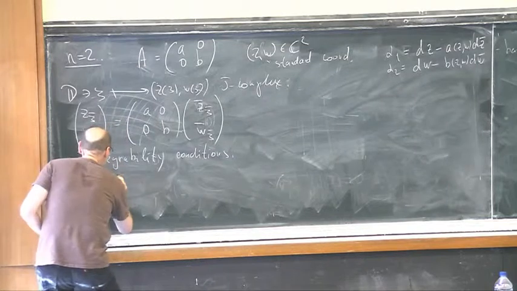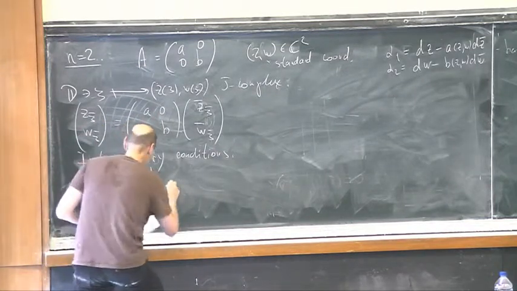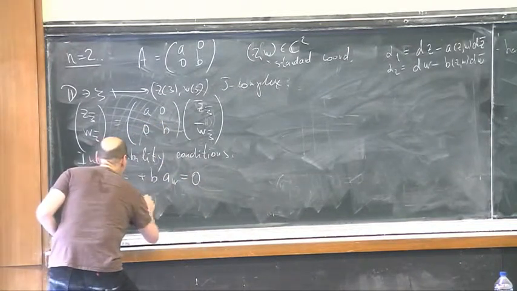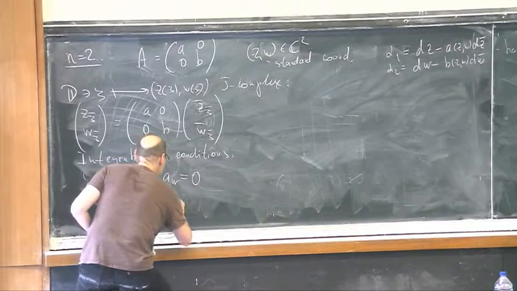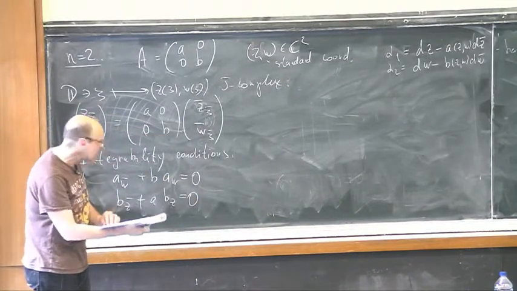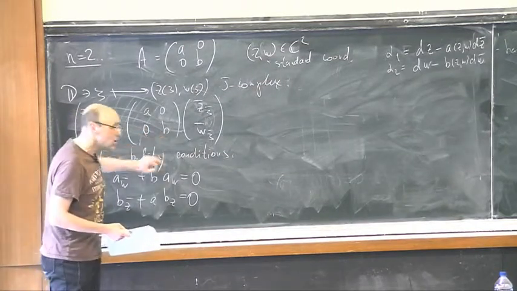Which are the following: A_w̄ + B A_w = 0, and B_z̄ + A B_z = 0. So these are precisely two integrability conditions on the coefficients of our systems.